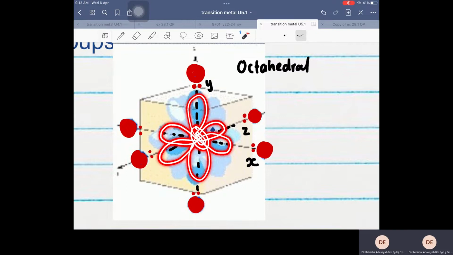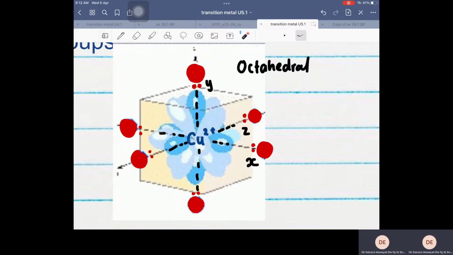Can you see that these orbitals line up with the approaching ligands? So the electrons will have a bigger repulsive effect compared to orbitals that sit in between the axes. They don't line up, they don't clash, they don't meet with the ligands. They will still feel the repulsion, just not as much.